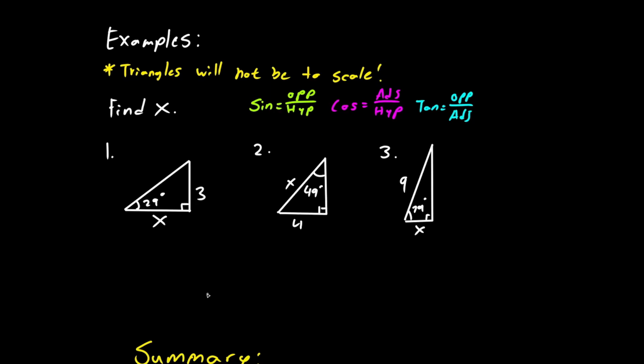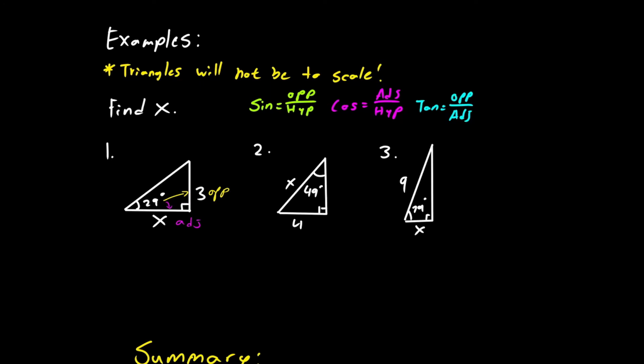All right. So right here we have a triangle with 29 degrees. We see that the opposite side is 3, and it also has an adjacent side of x. We don't know what x is, but let's try and find it. I wonder if there's a function that has the ratio of the opposite to the adjacent. Well, it's not sine, it's not cosine, but it's tangent.